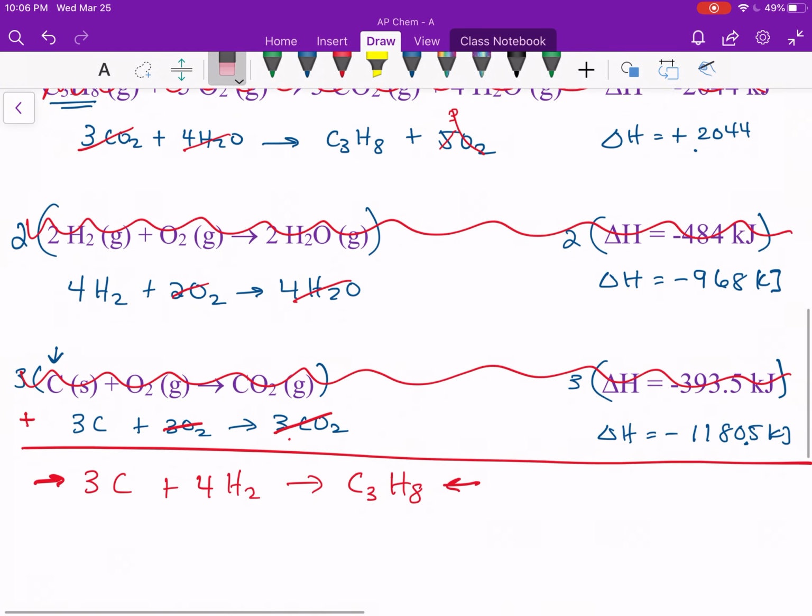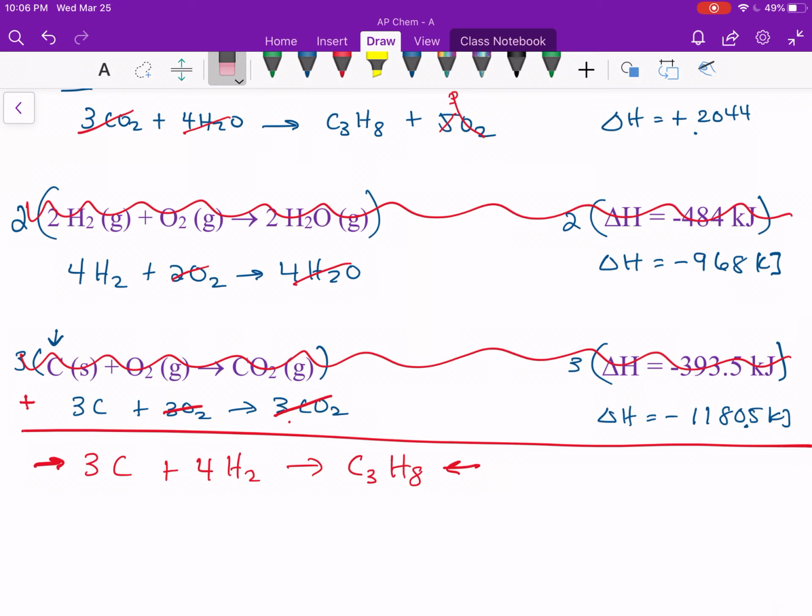So I manipulated that correctly. So now, basically what that means is I get to just add up my delta H. So delta H in this case, I add those up, it's going to be equal to a negative 104.5. So if I'm looking for what delta H is for that reaction, it would be a negative 104.5. So there you have that.